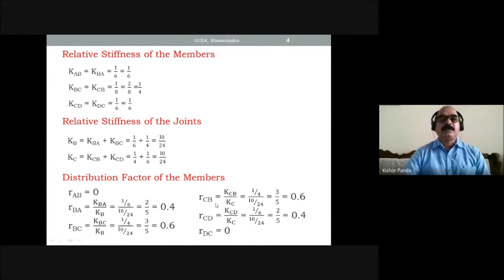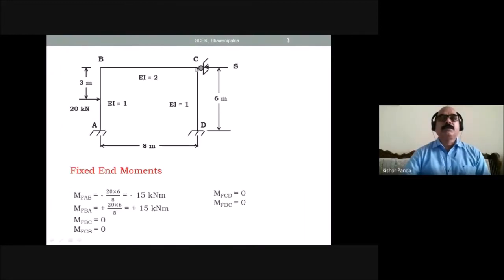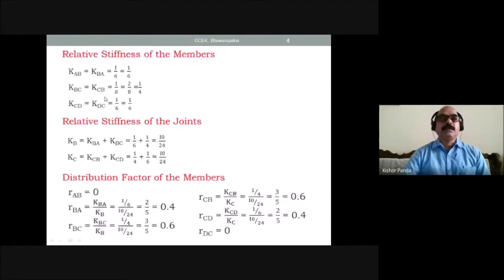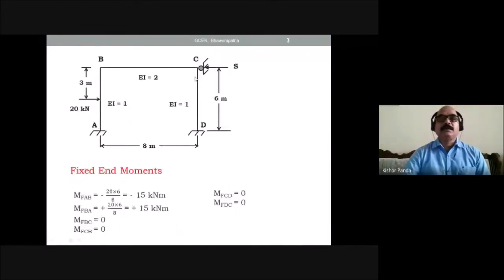Then find out RCB. RCB is equal to KCB divided by KC. KCB is 1/4 and KC is 10/24. 1/4 by 10/24 is equal to 3/5, which is 0.6. Then RCD. RCD is equal to KCD divided by KC.